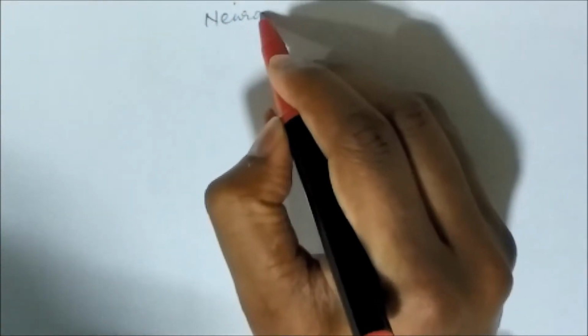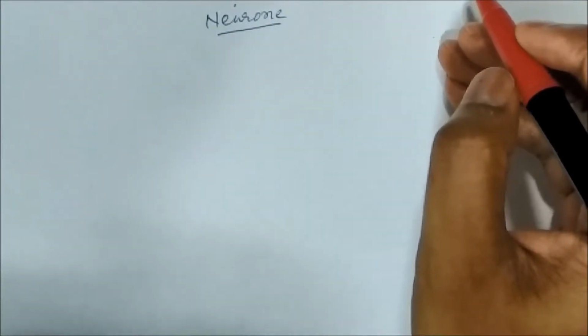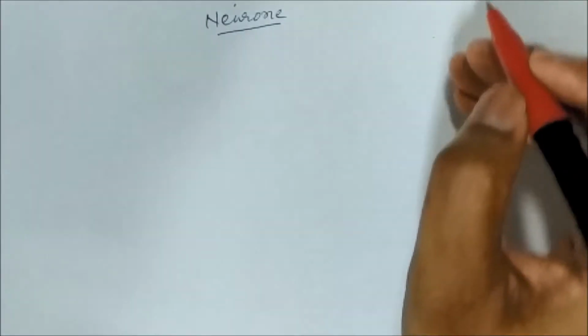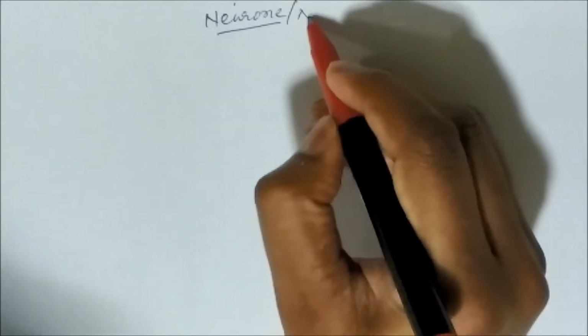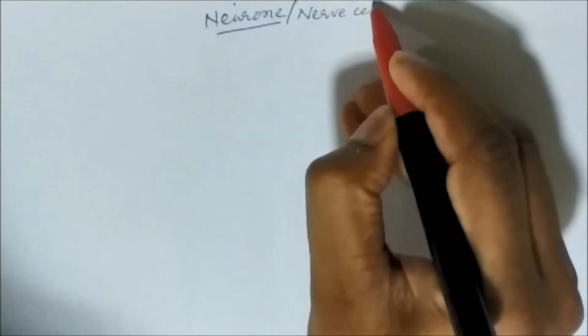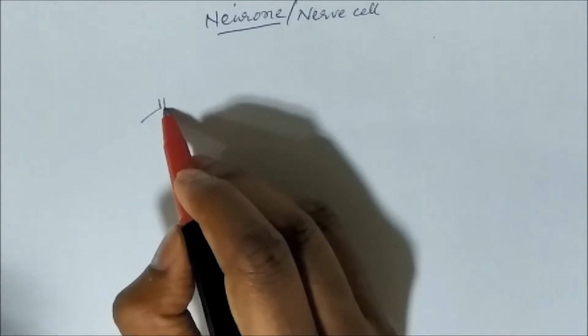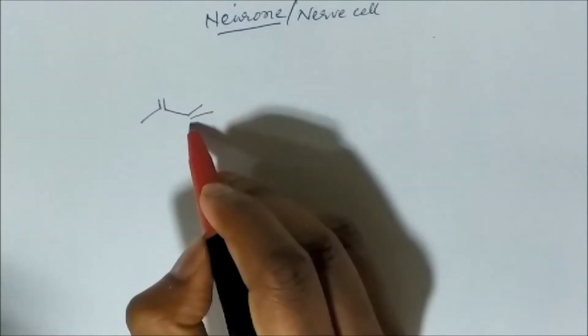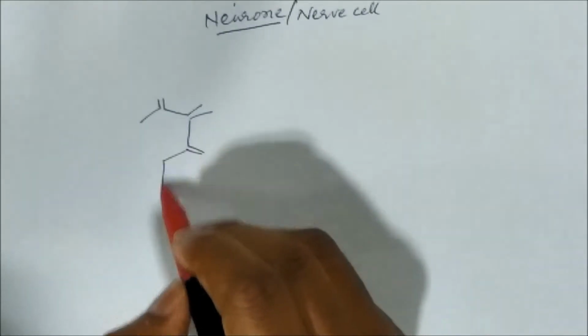Today we will continue the nervous system with the main cell of the nervous system, the neuron. This neuron, or nerve cell, has a cell body, okay? And the cell body has different processes.